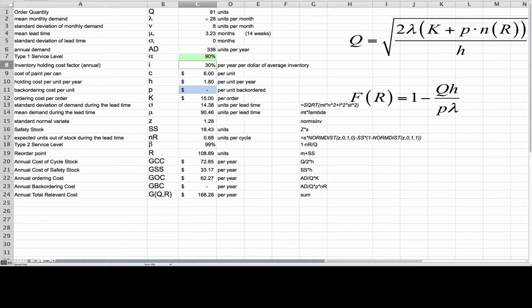Now really the last thing I have to do to answer part A of question 15 is to simply recalculate Q. Remember, the value of Q we're looking at here is the Q we obtained through optimization.